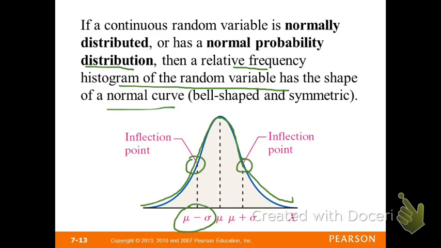Inflection point means where it changes concavity from concave down to concave up. You'll also notice that the tails approach the x-axis and never touch. That's called asymptotic to the x-axis.